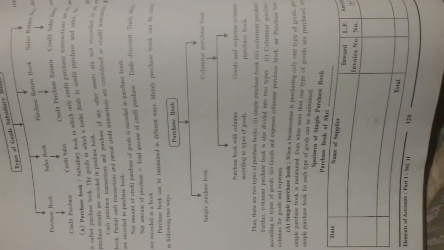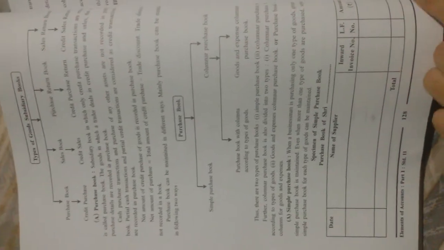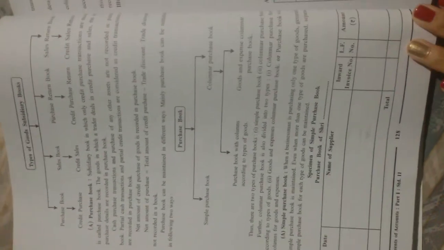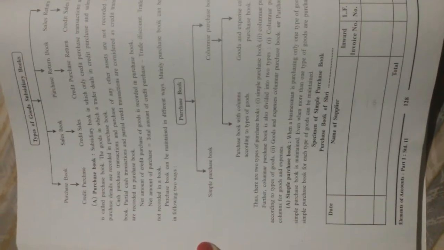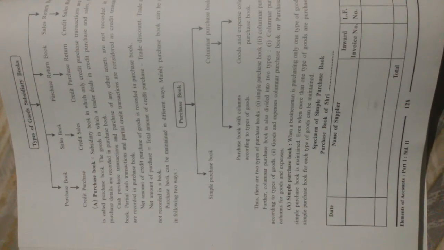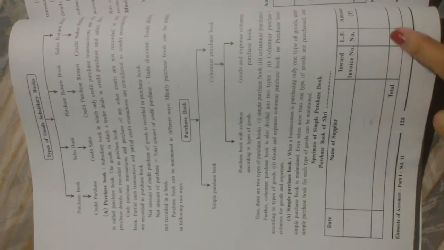So now let's see the specimen of simple purchase book, that is, the format of simple purchase book. Whenever a question is asked to make a simple purchase book, first of all you have to draw this table. There are 5 columns.